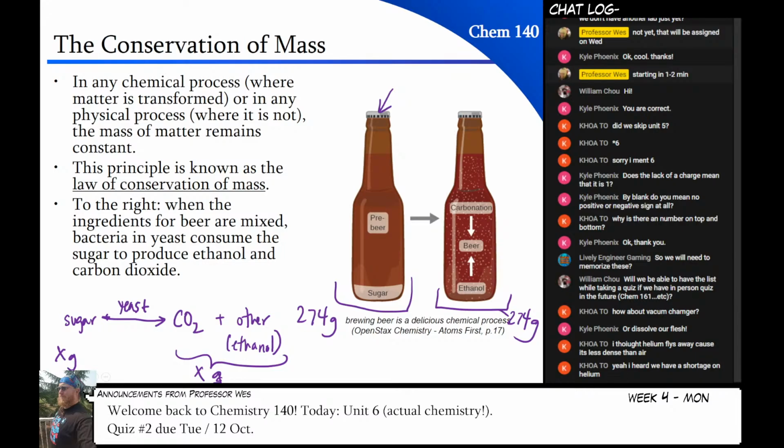And so this is called the law of conservation of mass. When you do chemistry in a closed container, before and after the chemical reaction, the amount of mass that is present will be constant.